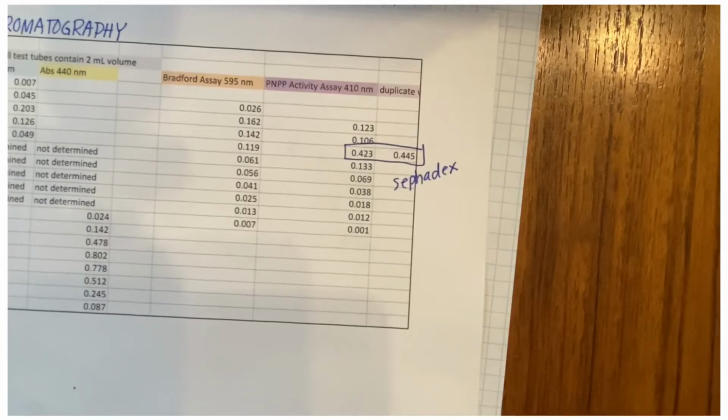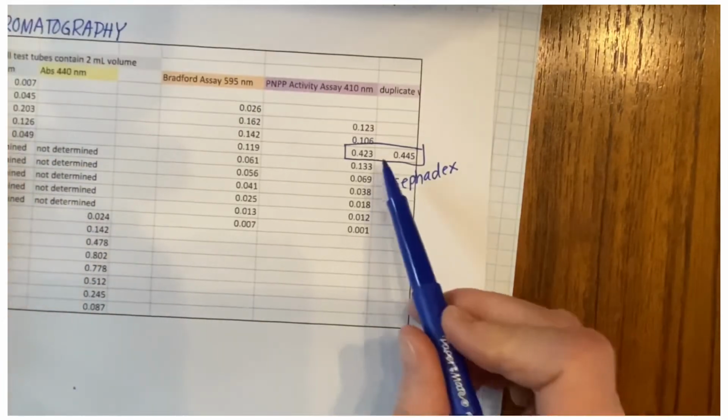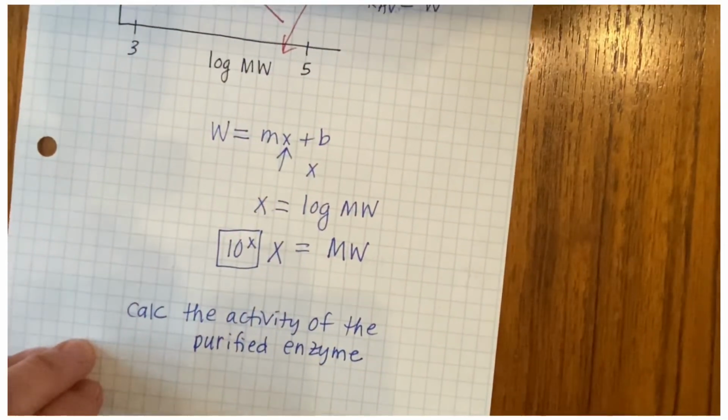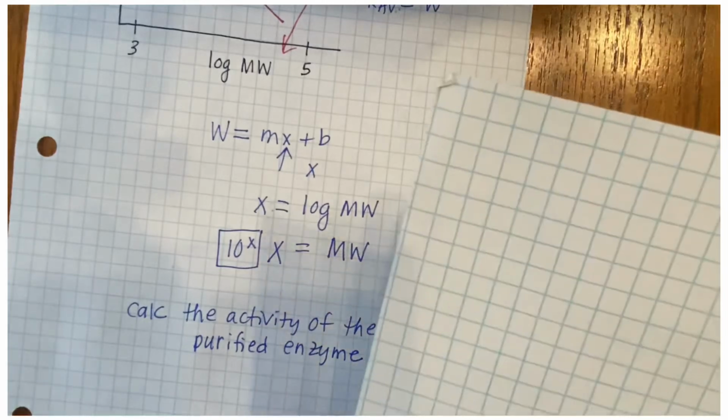So in order to get the activity and fill out that last line in your table, you will take these two numbers, average them, and then calculate your activity like you have in the previous lab.